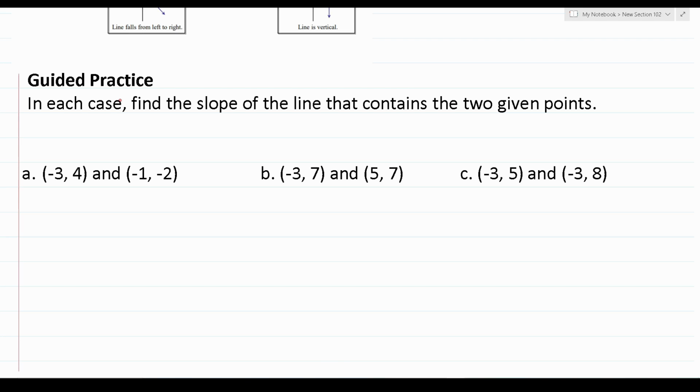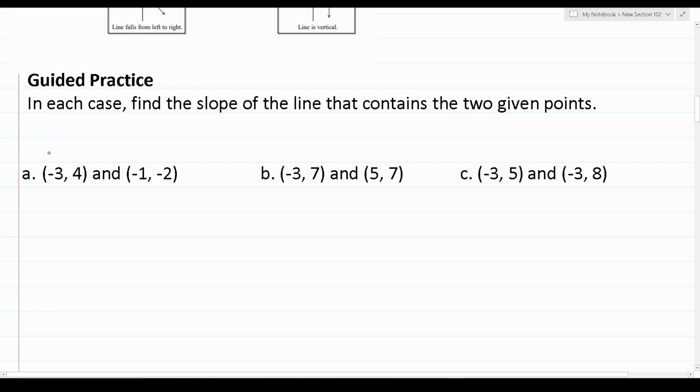So that said, let's take a look at A here. Our instructions say, in each case, find the slope of the line that contains the 2 given points. A says we have the point -3, 4, and -1, -2. All right, so the first thing I'm going to do is label my points accordingly.